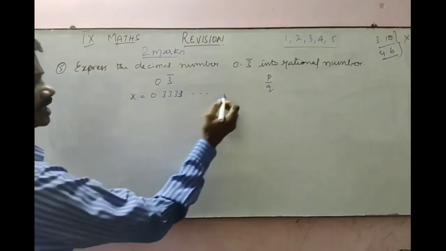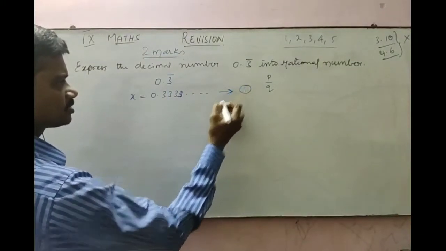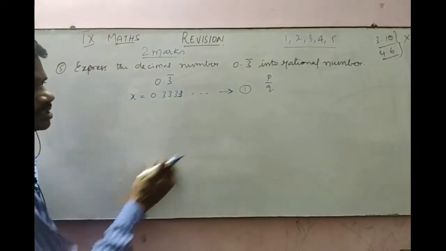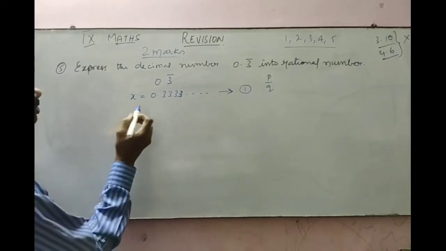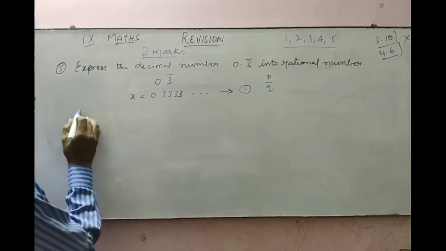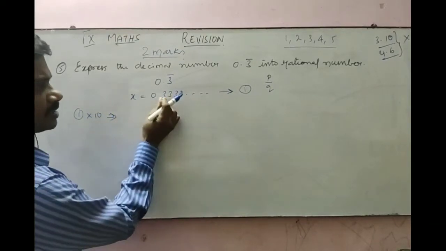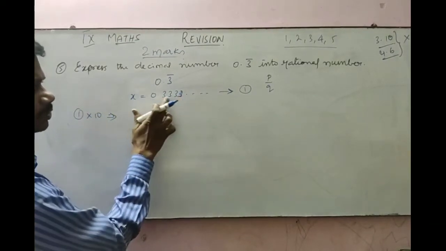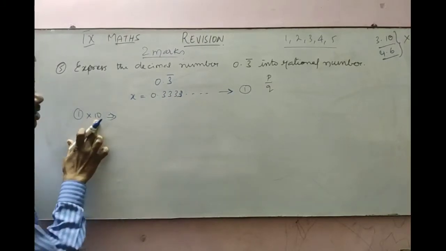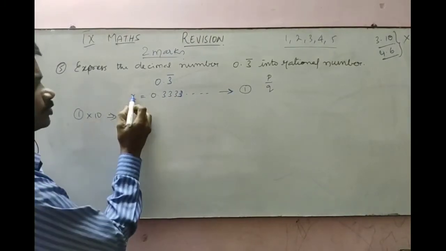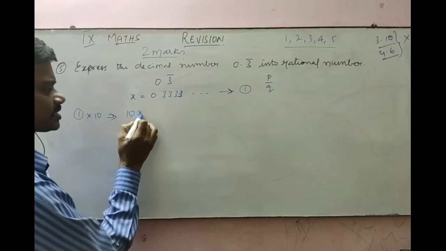So for that, I am going to treat this equation as equation 1. Then I am going to multiply equation 1 by 10 on both sides, because one digit is repeating. If one number repeats, you have to multiply by 10. If you multiply x by 10, you will get 10x.